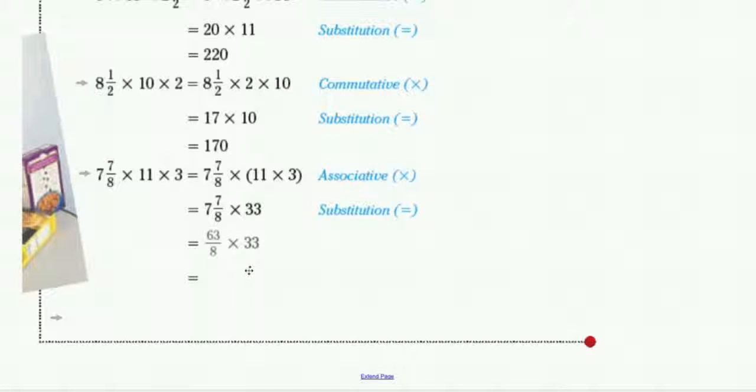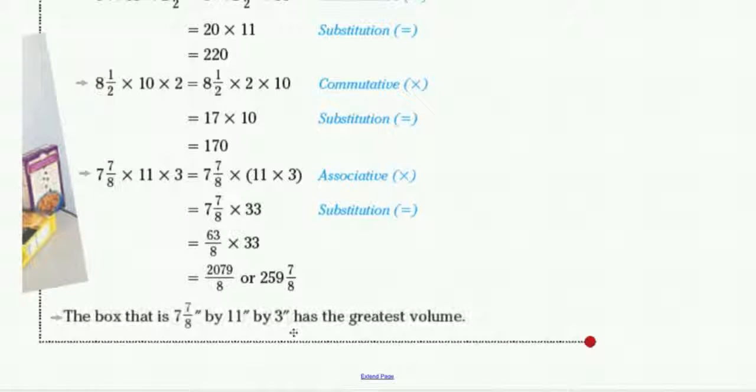Multiply the two numbers, you end up with 63 times 33 over 8, which is the improper fraction of 7 and 7/8, 63 over 8 that is. And simply put, it's 259 and 7/8. The volume of this box has the greatest value of 259 and 7/8 cubic inches.